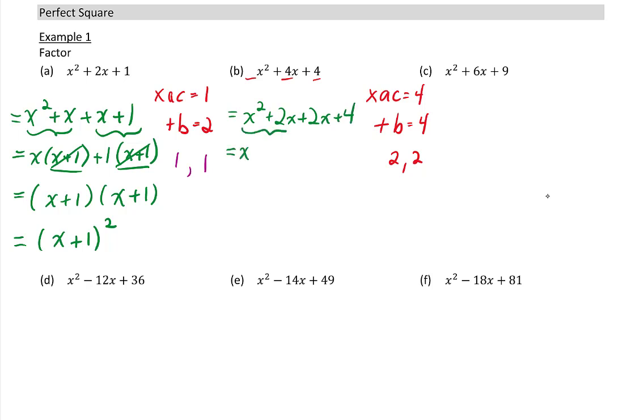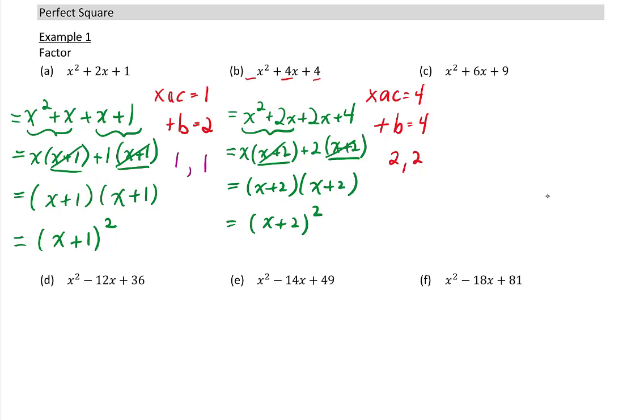Common factor out the first pair. There's a common factor of x. And in the second pair, there's a common factor of 2. Remove the common factor again. This time it's x plus 2. And we're left with x plus 2. So what we have is x plus 2 squared.